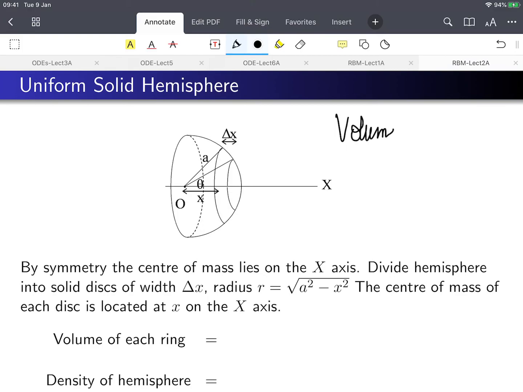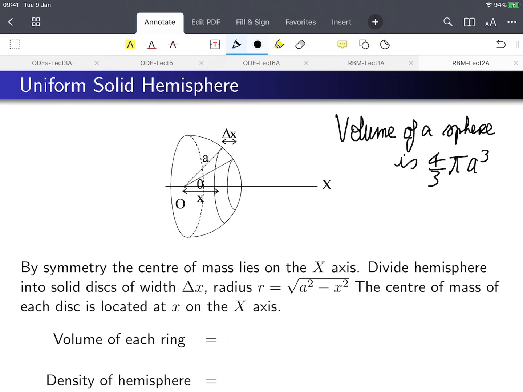Right? If I look in the logbook, I see that the volume of a sphere is 4/3 of pi r cubed, well, here it's a. So the volume of the hemisphere is going to be 2/3 of pi a cubed. I'm just going to do the same reasoning as I did earlier, but now it's 3D instead of 2D.